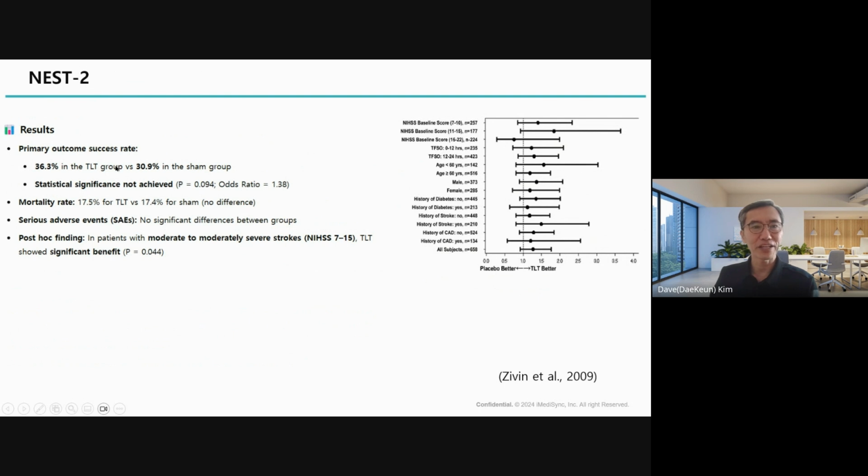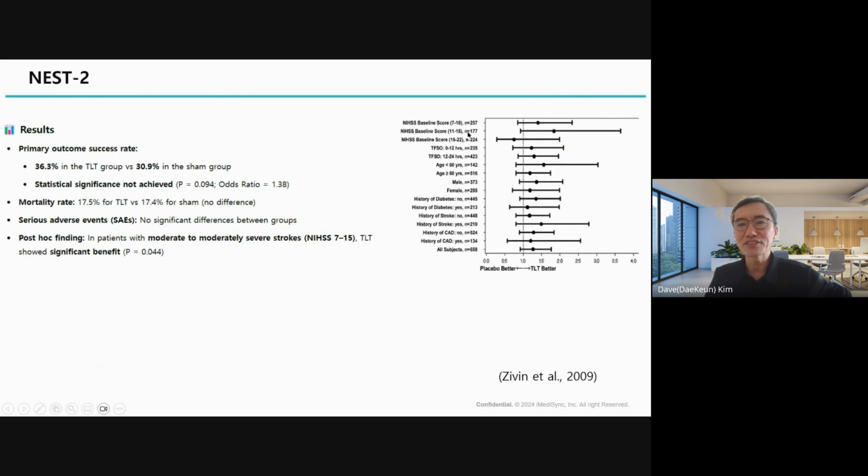They had 36% efficacy in the treatment group and 30% efficacy in the sham group. They could not achieve statistical significance in that case. So they needed to go through this kind of post-hoc analysis.